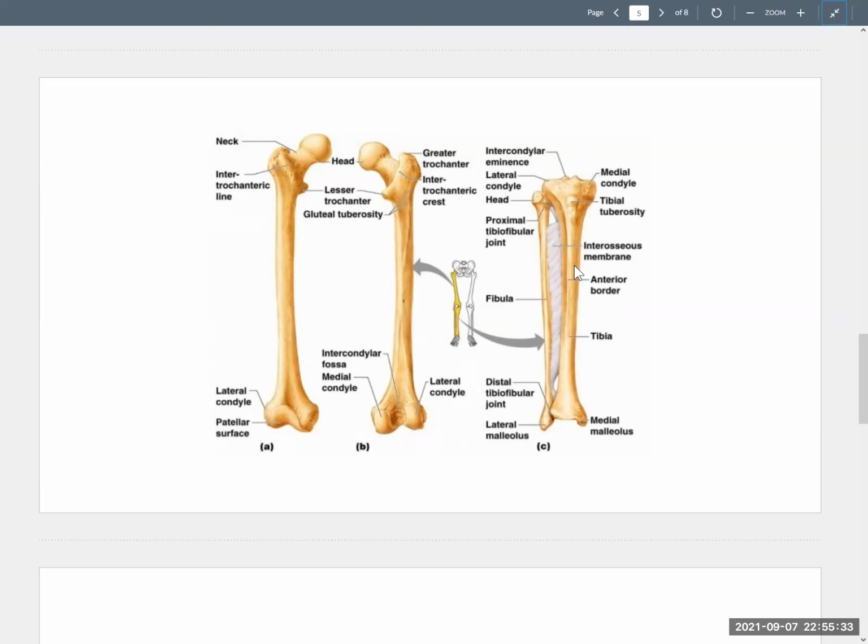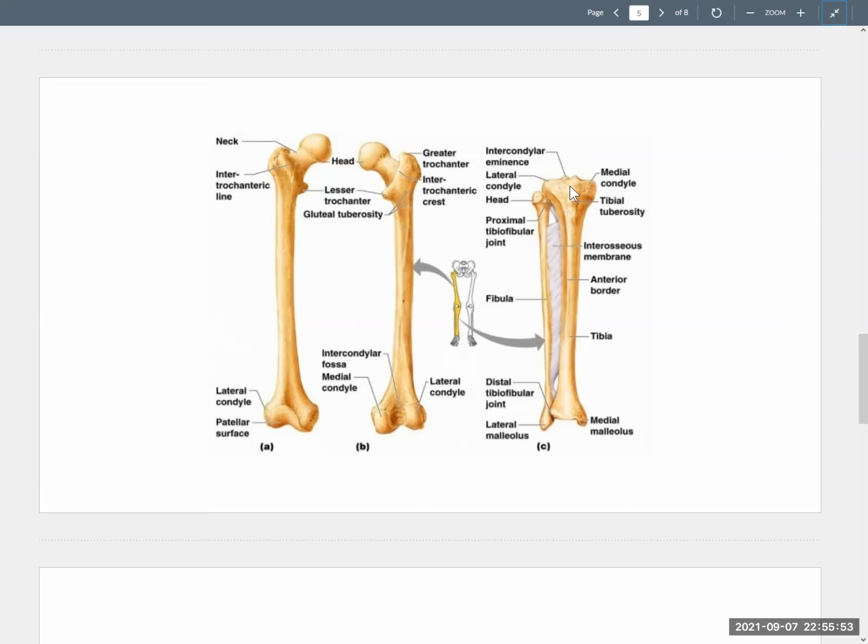And now we have the lower leg, the tibia and the fibula. The fibula is always lateral.